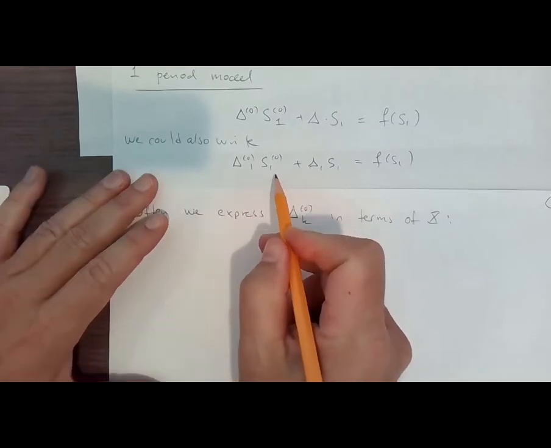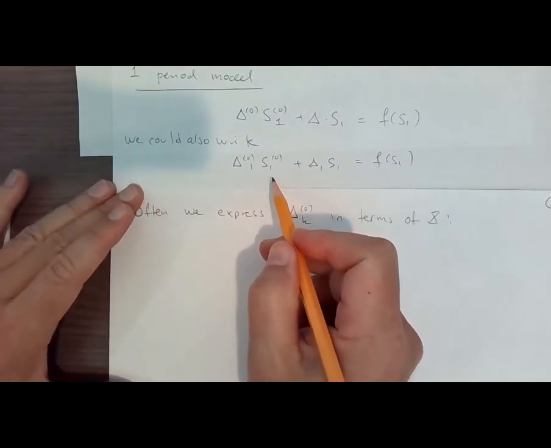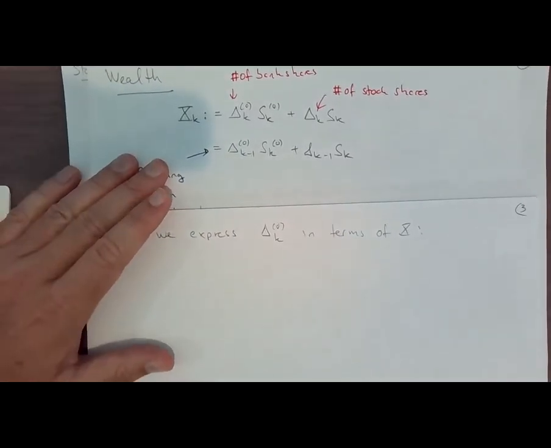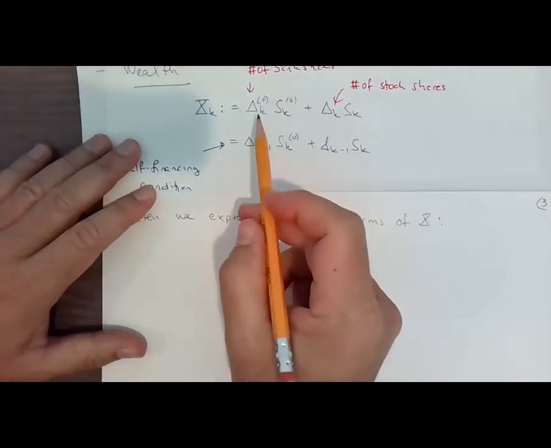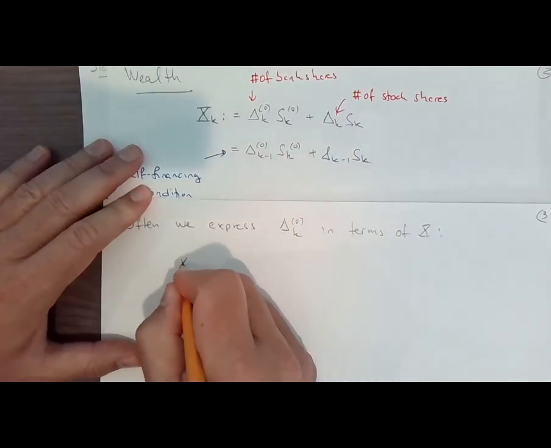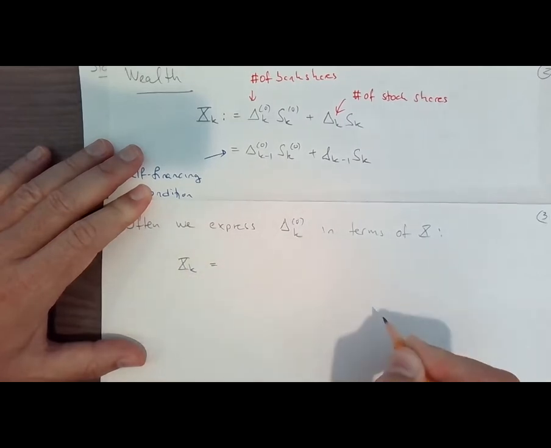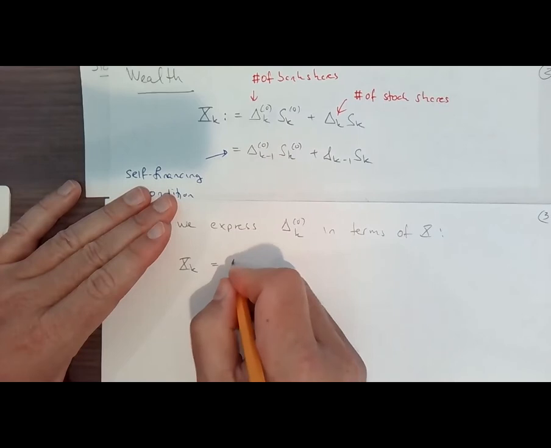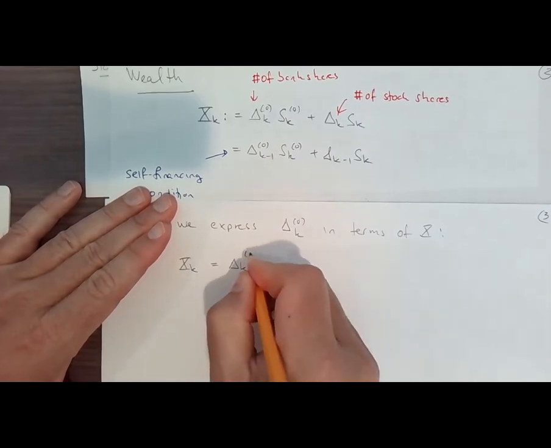So if you're looking at the bottom formulation here, what could we have? The bottom formulation was this one, so that's equal to that one. So often we can write here xk is equal to, what would it be? Well, we'll have delta k minus 1.